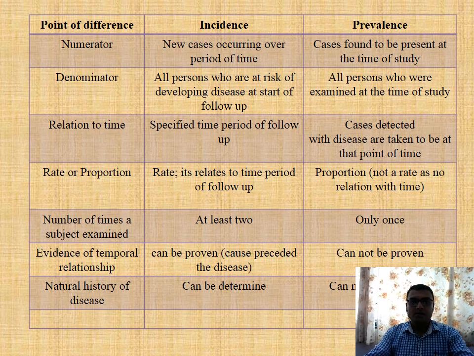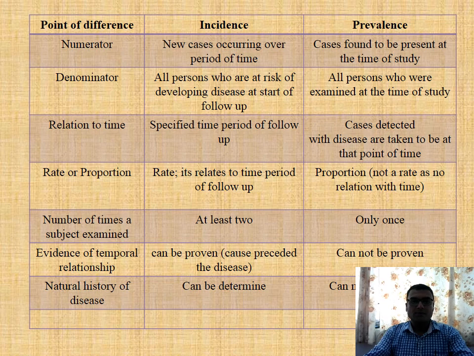The next difference is in relation to time. With incidence, always remember there is a relationship with time, but there is no such condition with prevalence. Next is rate or proportion. Incidence is a rate because it has a relationship with the time of follow-up, but prevalence is a proportion.